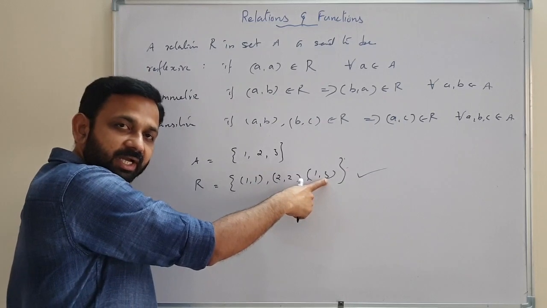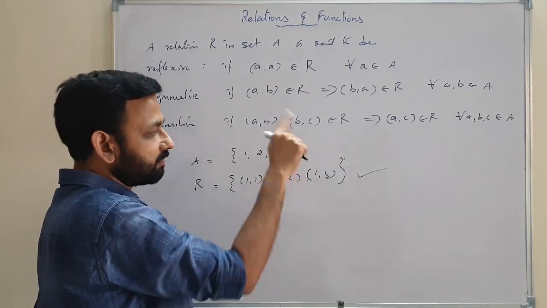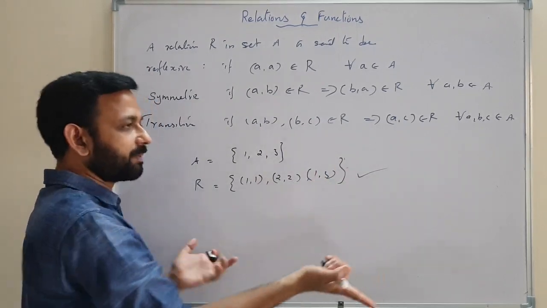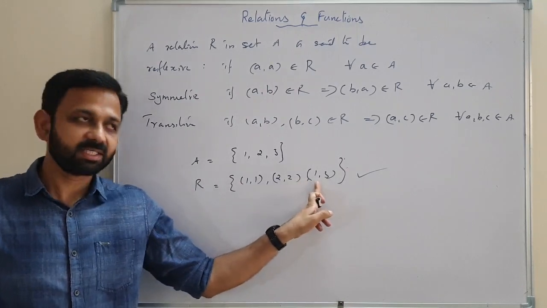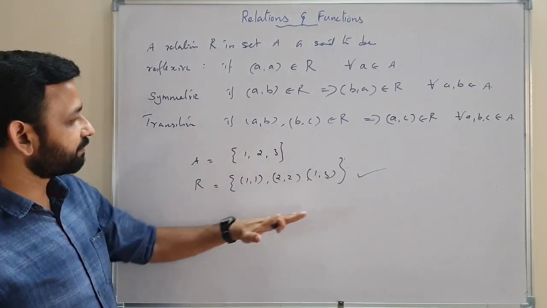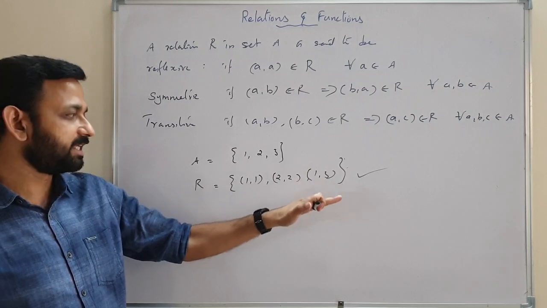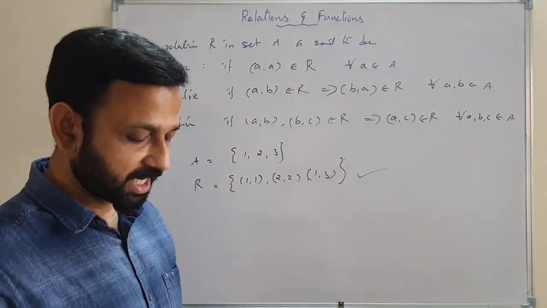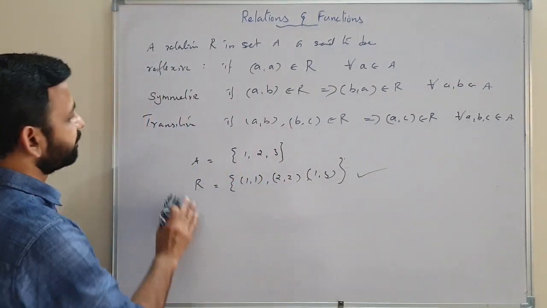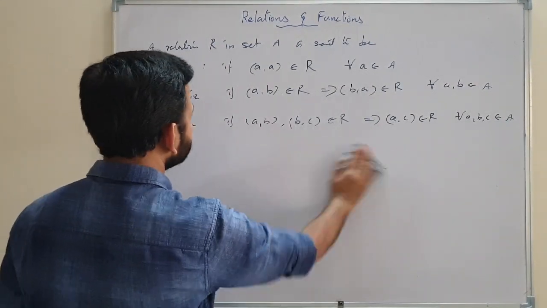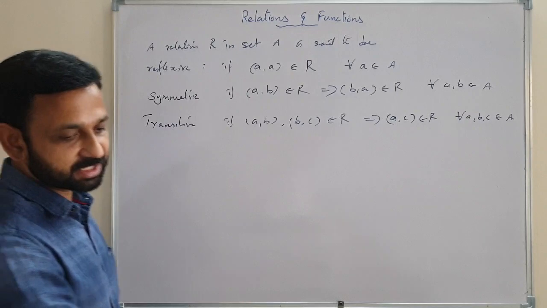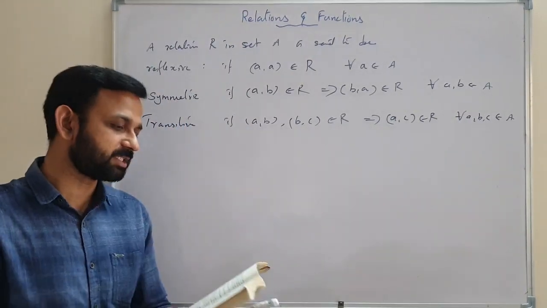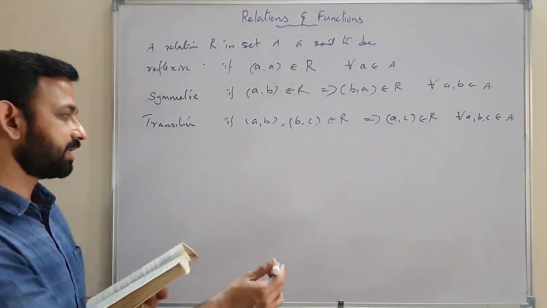If we had two pairs, then the third one should be there, but we have only one pair, so we cannot contradict the transitive property. Therefore this is transitive, but it is not symmetric and not reflexive. And if a relation is reflexive, symmetric and transitive, then it is called an equivalence relation.